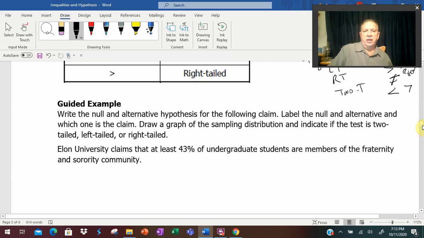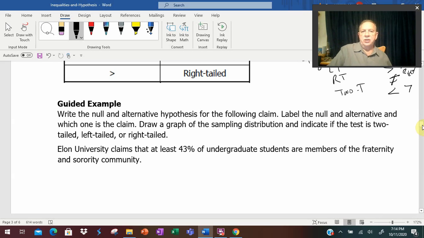Write the null and alternative hypothesis for the following claim. Label the null and alternative and which one is the claim. It could be either one. Draw a graph of the sampling distribution and indicate if the test is two-tailed, left-tailed, or right-tailed. So I'm going to put this together in terms of regions and how this is going to work out.